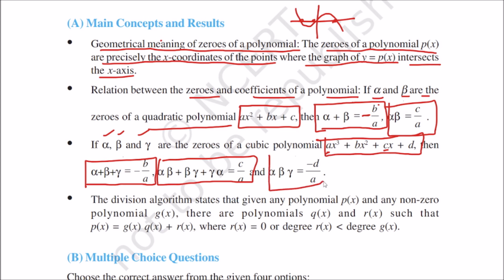And the product of all zeros, alpha into beta into gamma, is equal to the constant upon the coefficient of x cube with a negative sign. So these three are important to us. No need of the fourth one for the objective questions.